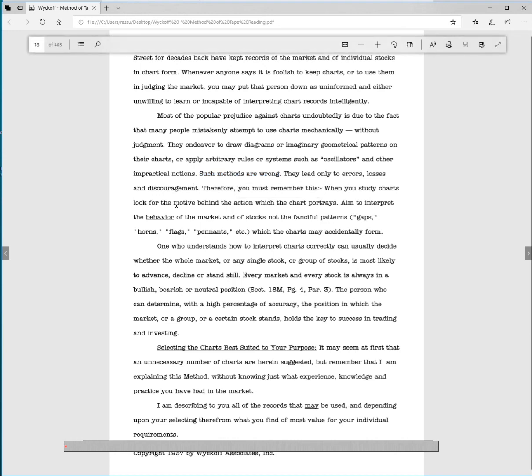When you study charts, look for the motive behind the action which the chart portrays. Aim to interpret the behavior of the chart, not patterns, not gaps, horns, flags, pennants. You can add to the list triangles as well as head and shoulders patterns.